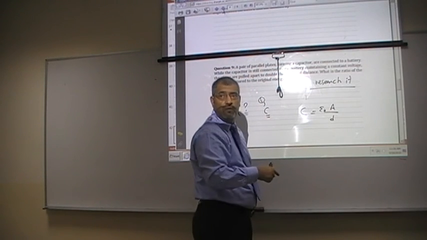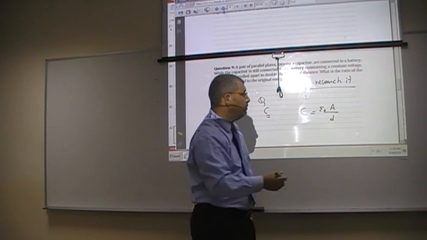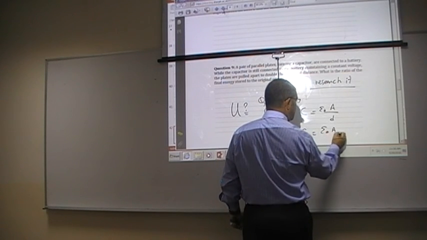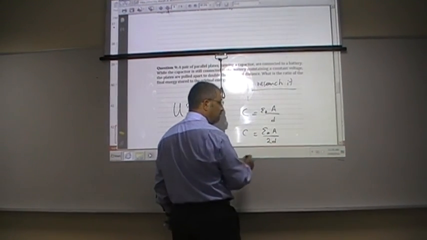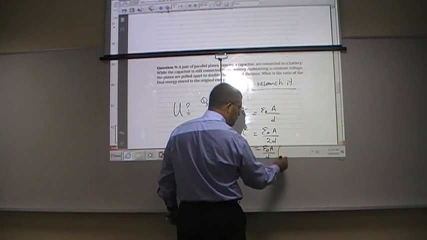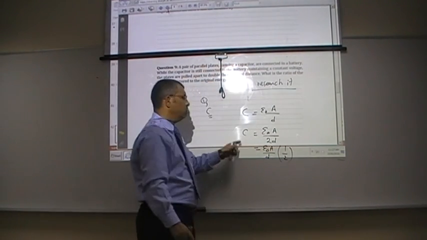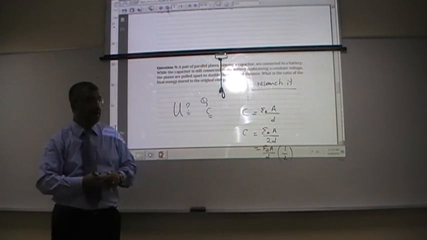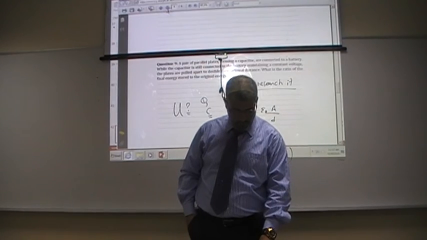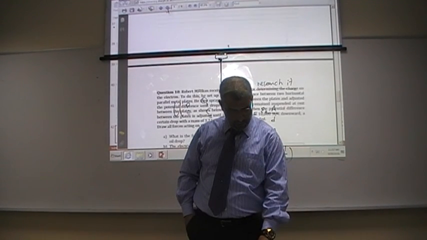C becomes half, right? When d goes to 2d, C is equal to epsilon A over 2d. If you take that out, we have epsilon A over d times a half. So C would be a half. Then you plug it into the energy and compare, and you get the result.